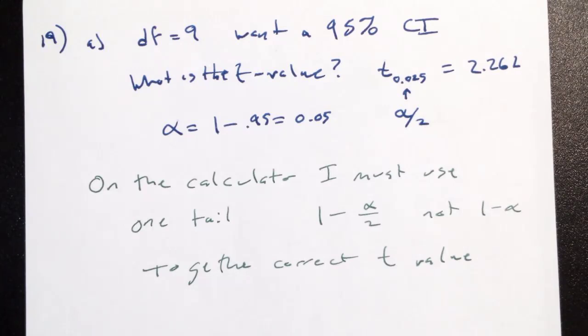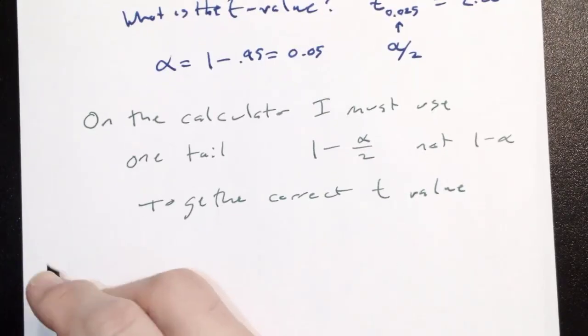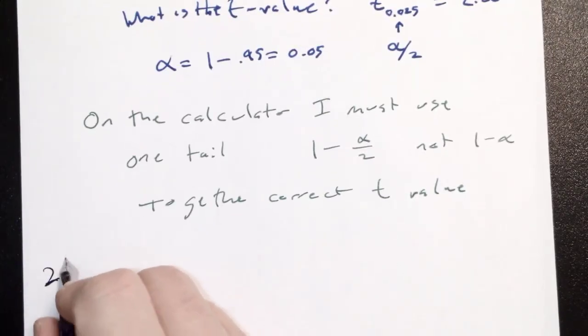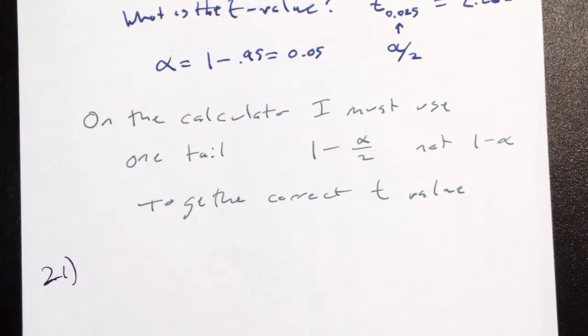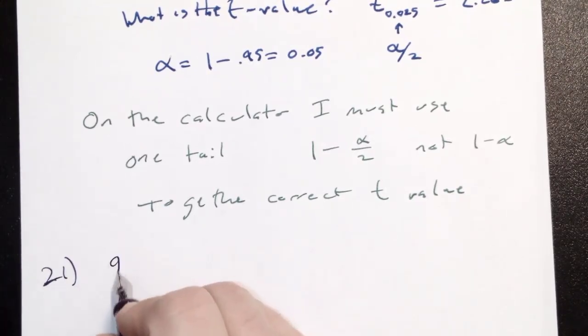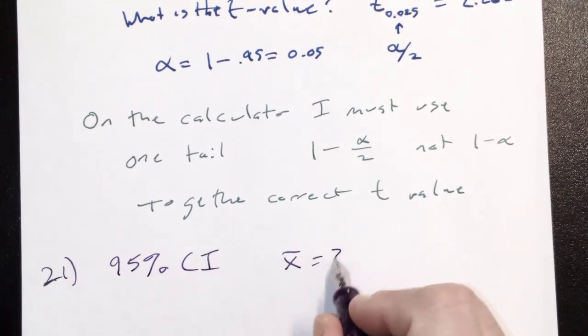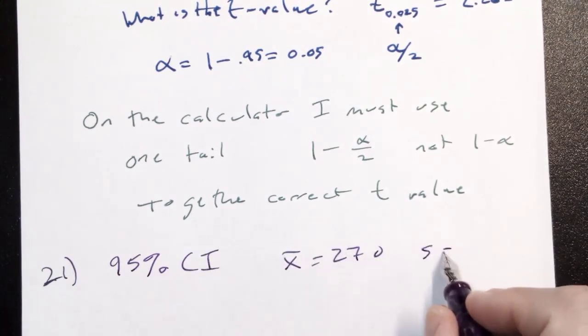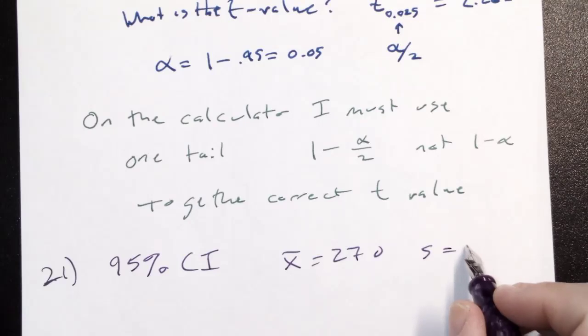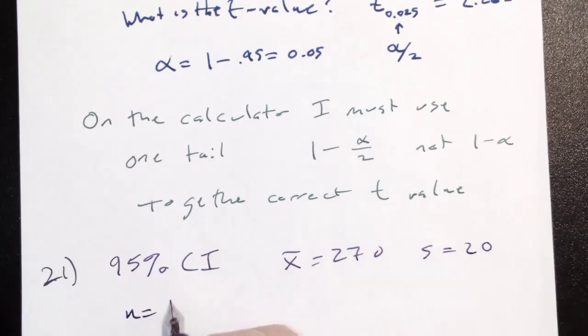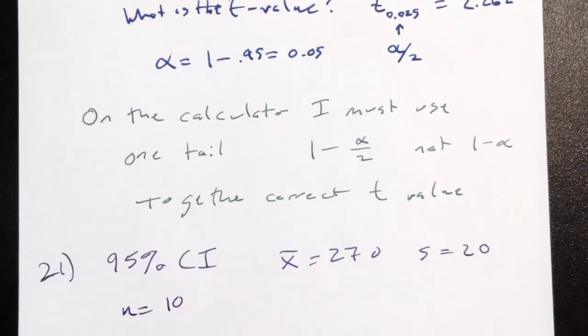Problem number 21. I want a 95% confidence interval. I know that the mean is 270. I know that the standard deviation is 20, and I have 10 samples.